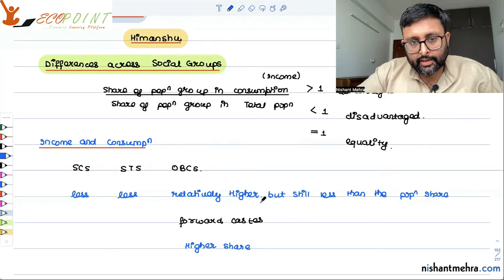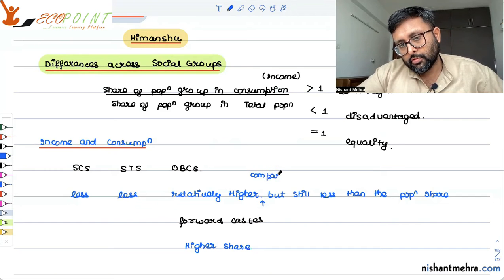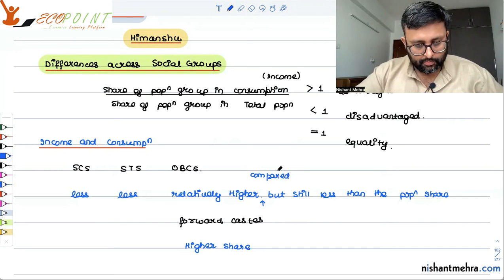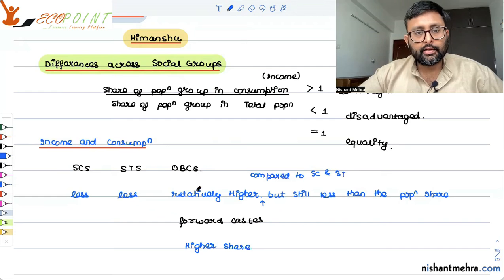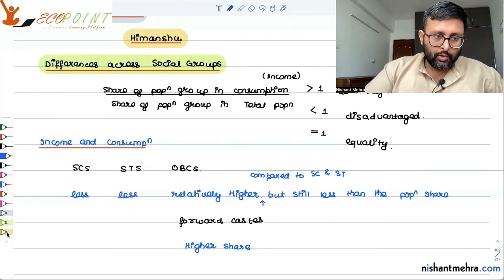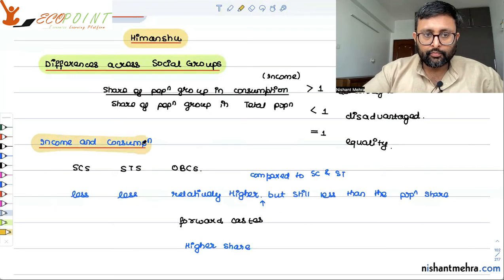I think you should rather write it here, relatively higher compared to SCs and STs. This is what I understand from the reading. That is a better way of writing this out. Okay, that is one thing.